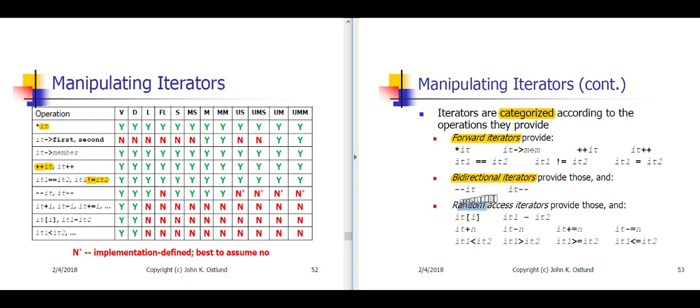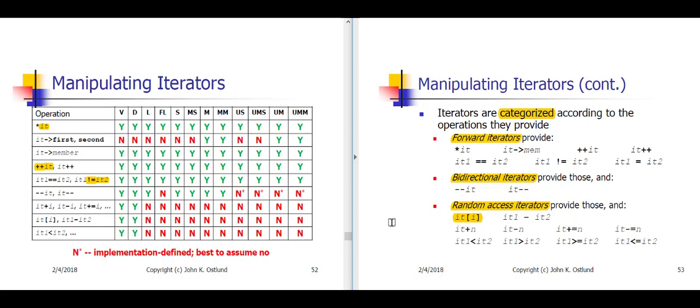A random access iterator is able to go both forward through the container and backward through the container, and also do things like using subscripting to access a particular element somewhere in the midst of the container. Now, I want to be clear that these are categories, not data types. A forward iterator is an iterator that provides certain operations that allow you to move the iterator forward through the container.